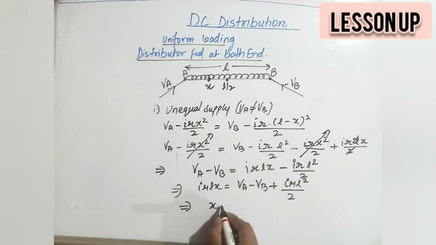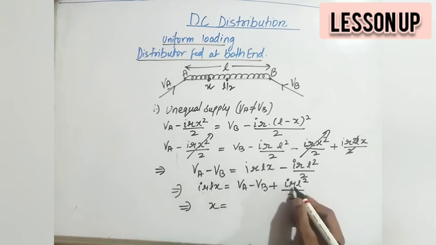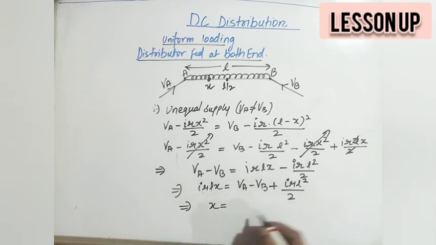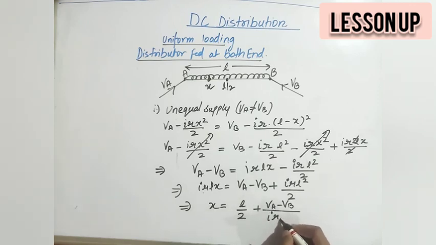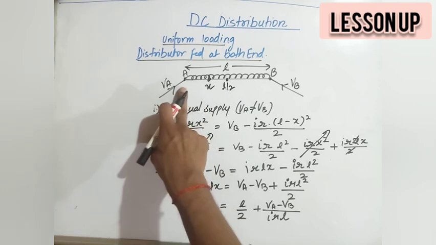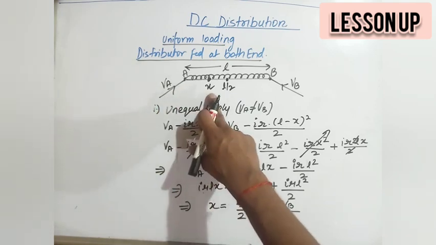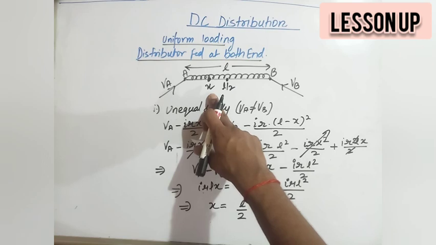So x will be equal to, since IRL and this IRL will get cancelled, we will get L by 2 plus VA minus VB divided by IRL. So at this point we will get the minimum voltage. So we can calculate the distance x from A at which we will get the minimum potential point.